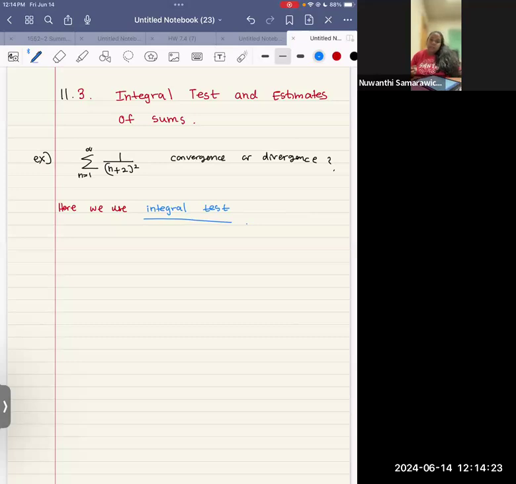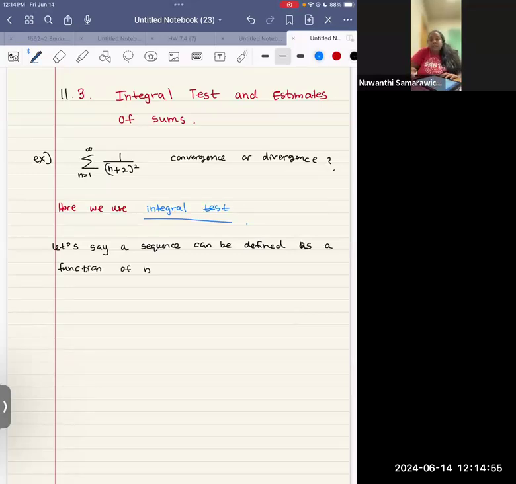Okay, so now let's see what the integral test is. Let's first write the note and then I will explain. Let's say a sequence can be defined as a function of n.